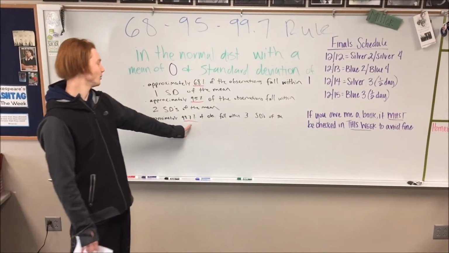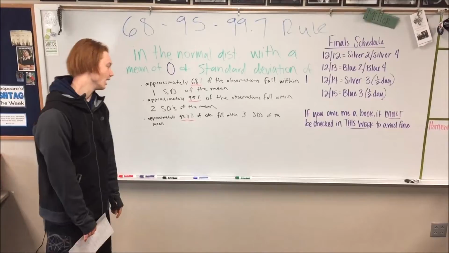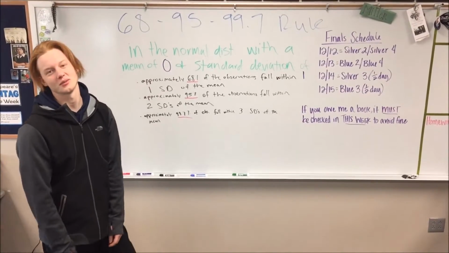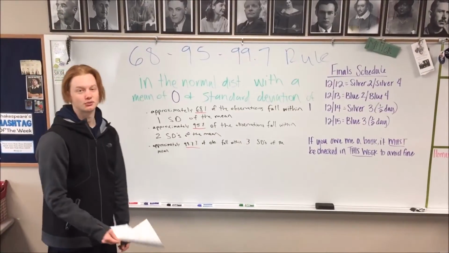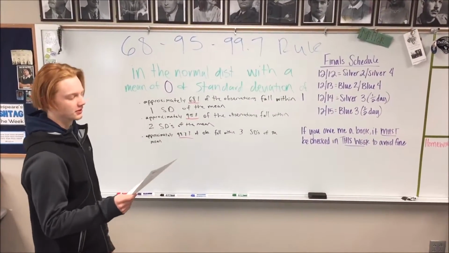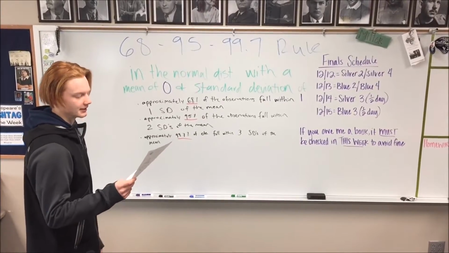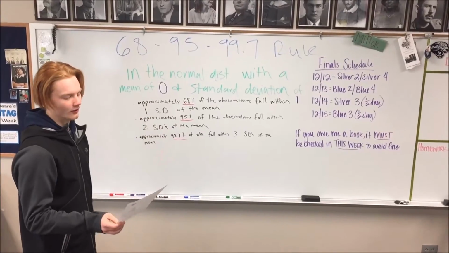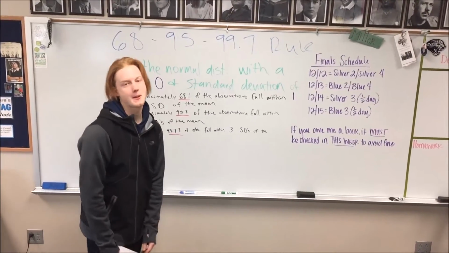And 99.7% of the observations fall within 3 standard deviations of the mean. This rule only applies to normal distributions and is not an exact number, but more of a good approximation.